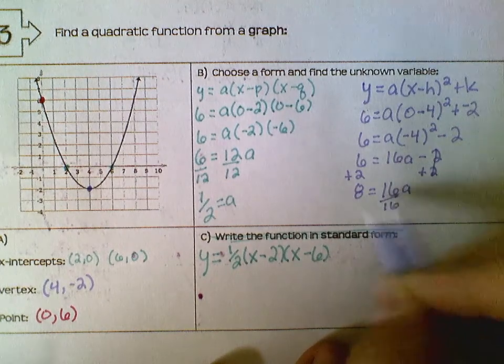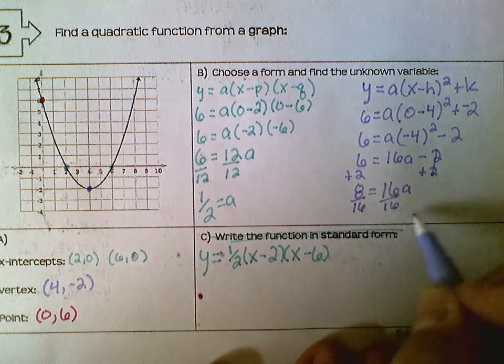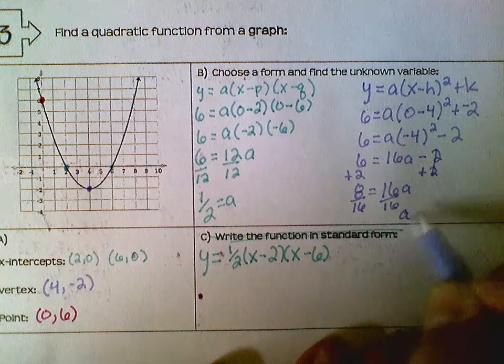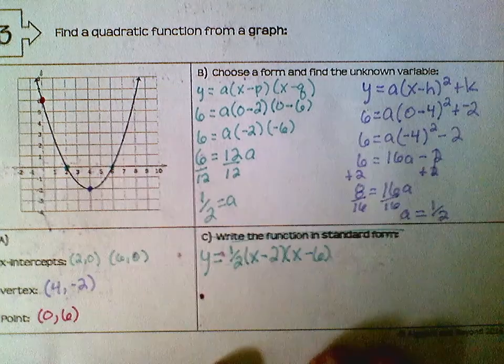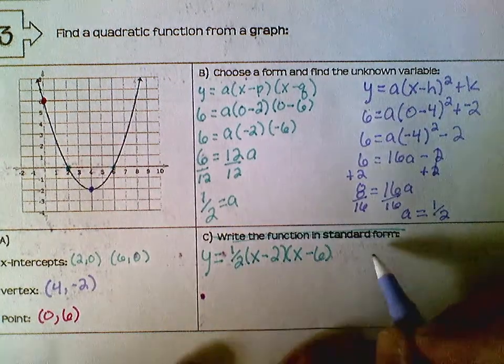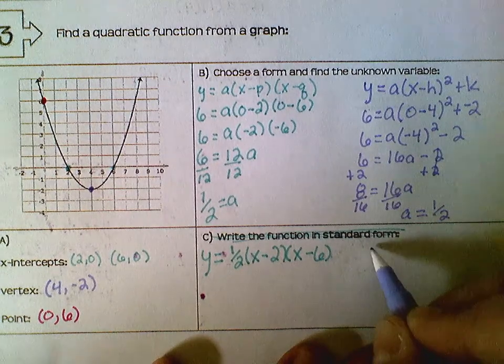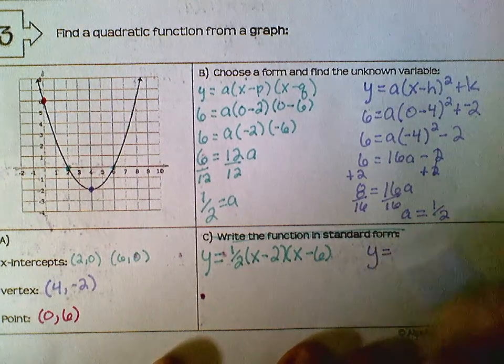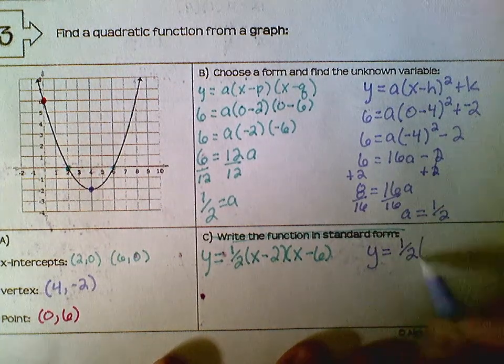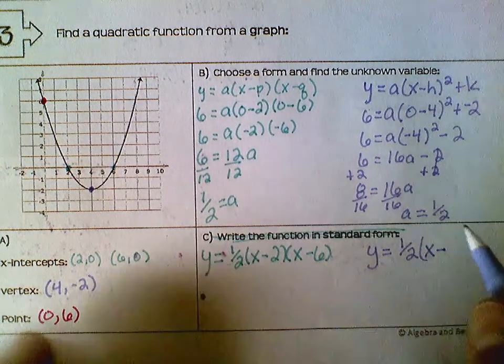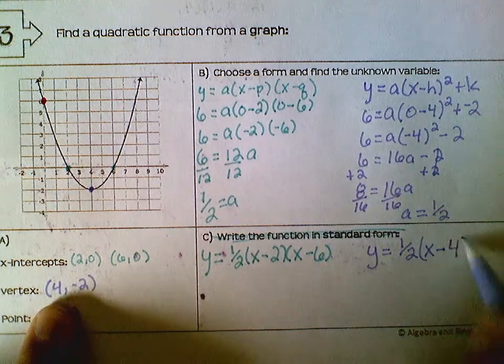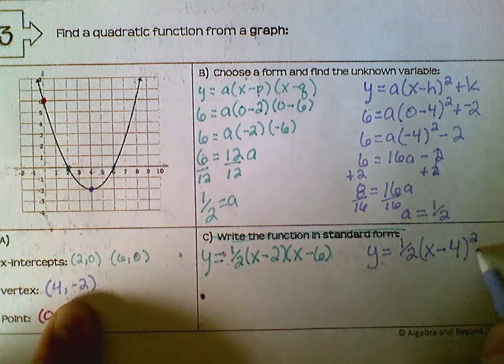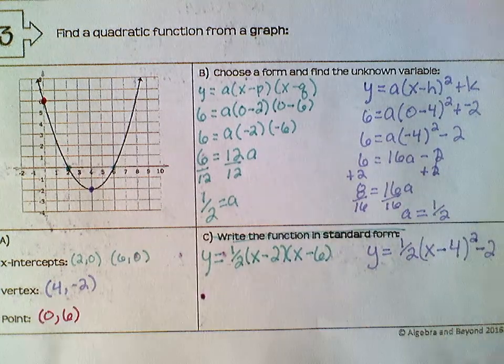And then I divide by the 16. 8 over 16 is 1/2. All right, so the equation in vertex form is going to be y equals 1/2 times x minus 4 squared minus 2 or plus negative 2.